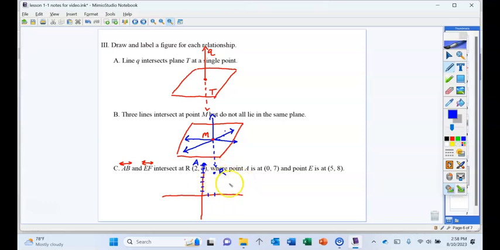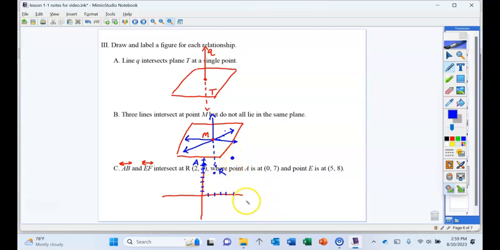And then we'll go ahead and plot point E, which is one of the points that we're told on this line EF. E is at the point 5, 8. And 5, 8 would be up here, just a little bit higher. This is 7. So we'll say that's 8. Again, just a rough sketch.